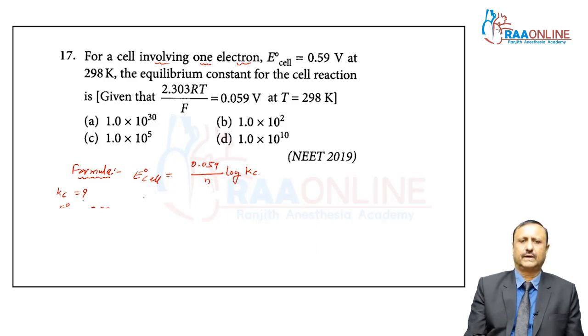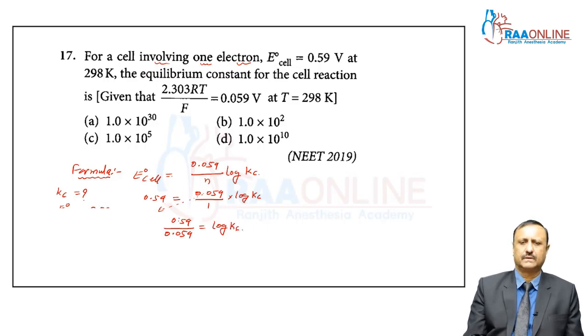So now you can put the values: 0.59 equals 0.059 upon 1 into log Kc. The values go to the bottom, so you can also write 0.59 upon 0.059 equal to log Kc.